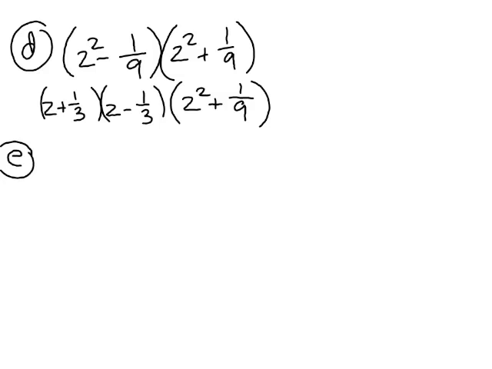Example E is x squared minus 7. Okay, so this is another kind of trick problem. They tell me it's a perfect square. Can I take the perfect square of a 7? No. But I can be tricky. Okay, that's just rude.